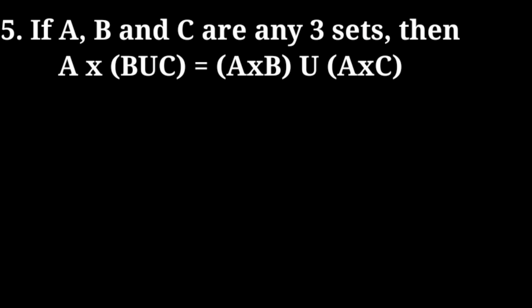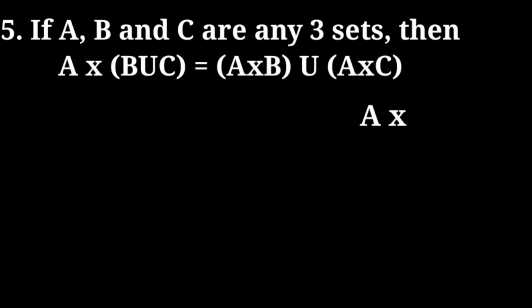If A, B and C are any three sets, then A cross B union C is equal to A cross B union A cross C. This is known as distributive law. If you observe this law, we can say that Cartesian product distributes over the union of the sets, and in the same way Cartesian product distributes over intersection.